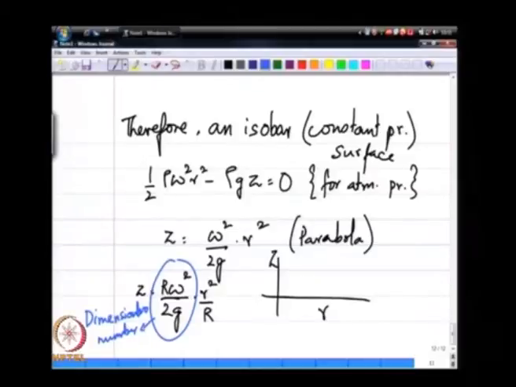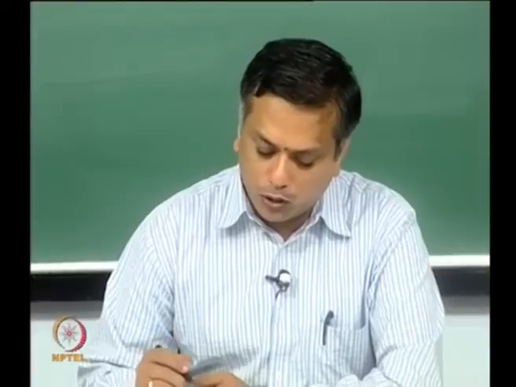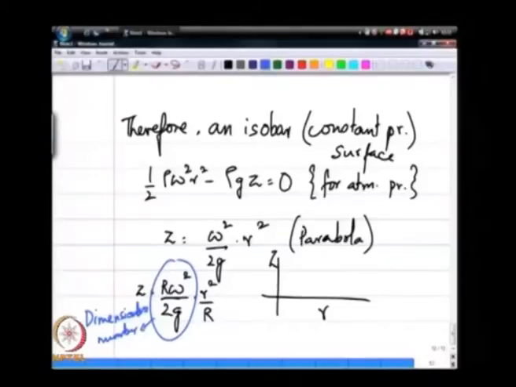So, as this dimensionless number becomes larger and larger, what do these curves look like? Essentially, if let us say that is equal to 1, you get a curve that looks like this going up to r equal to R. As this number becomes larger and larger, I am going to have to draw this one more time. I will erase this part.